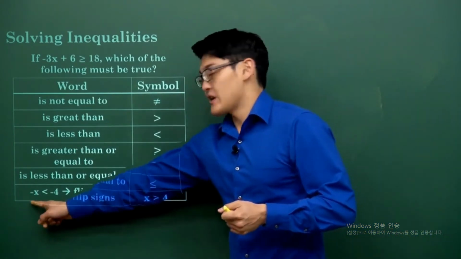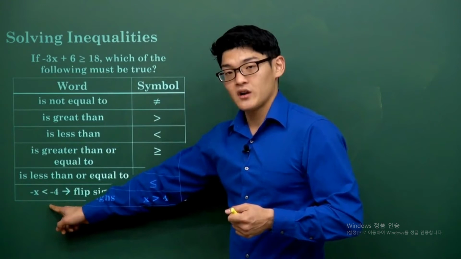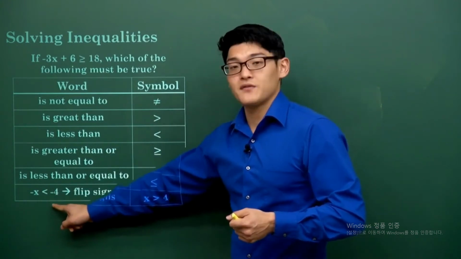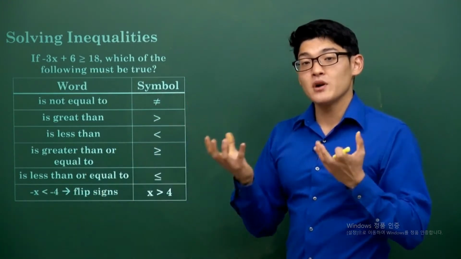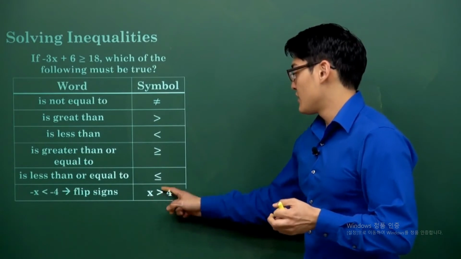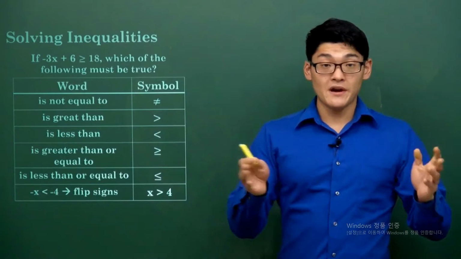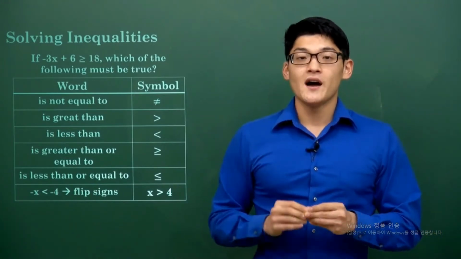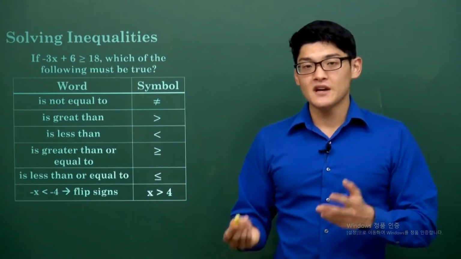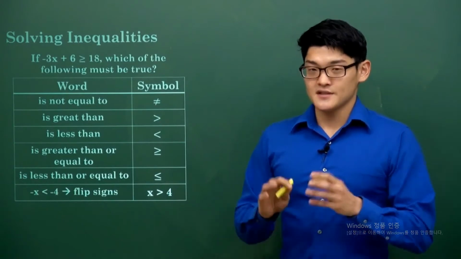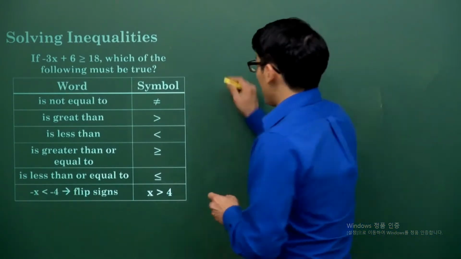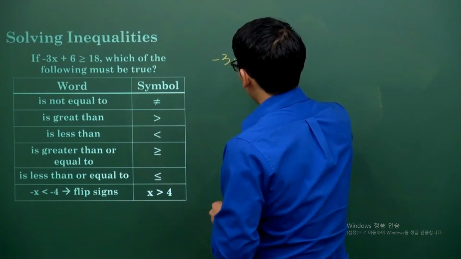As you can tell, x was less than negative 4, or negative x was less than negative 4. If you flip the signs on both sides of the equation, you must flip the inequality sign as well. So now x is greater than 4. So bear that in mind when dealing with inequalities. A lot of people do get this wrong just because they forget to flip the sign. So do not do that. Okay, so let's go ahead and solve for x.